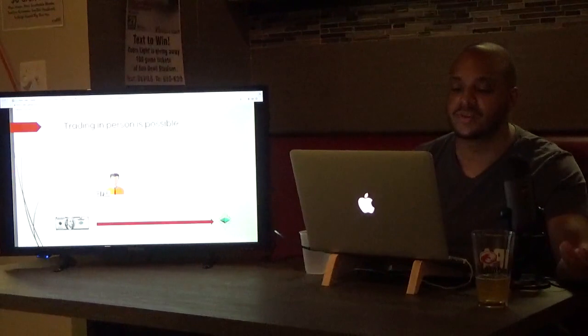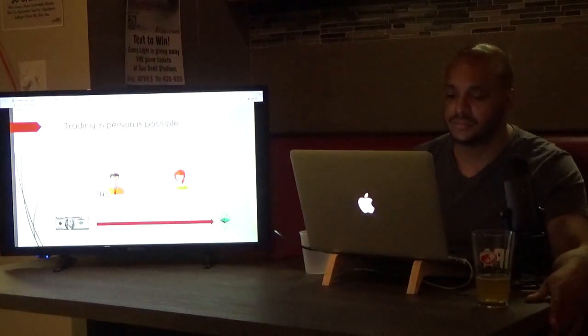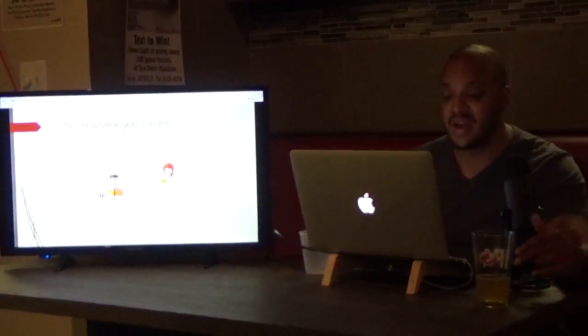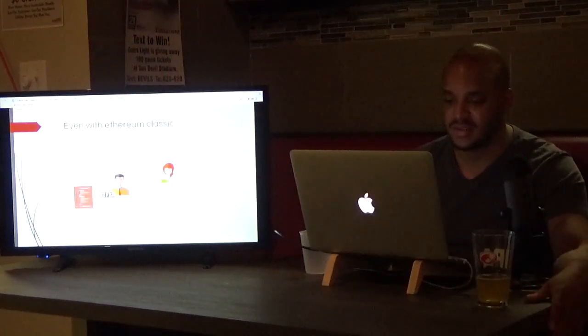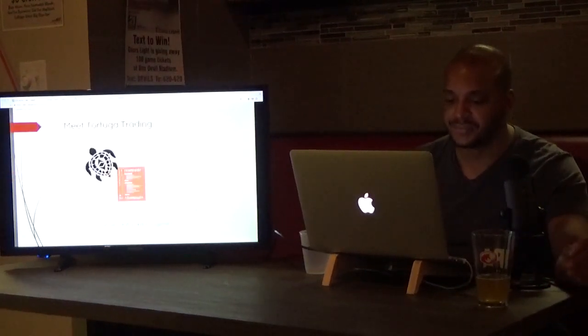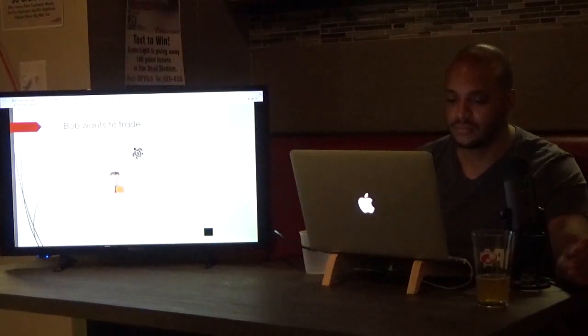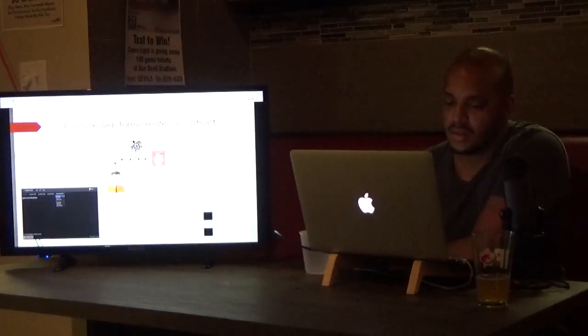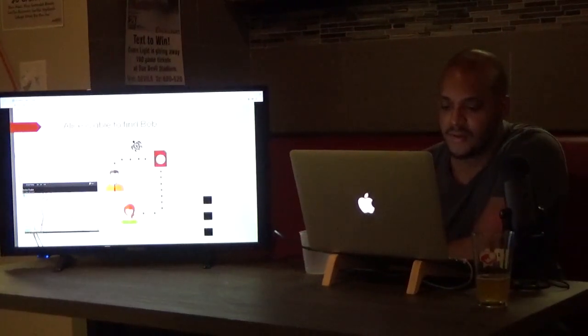So why can't we just trade between two wallets? Well, I have cash and I want Ether. So how do we do this? I don't know who you are, so let's use smart contracts to facilitate this for us. So the plan is a web form creates a contract and deploys it.